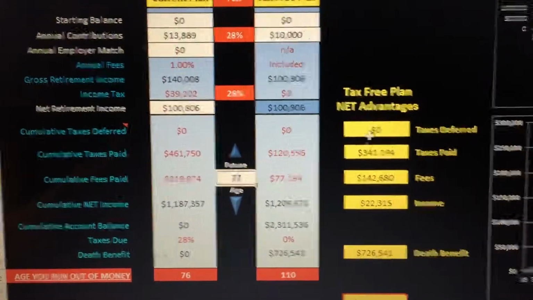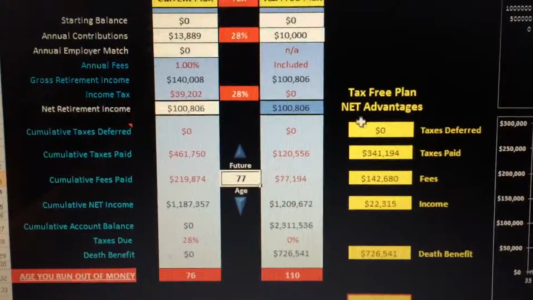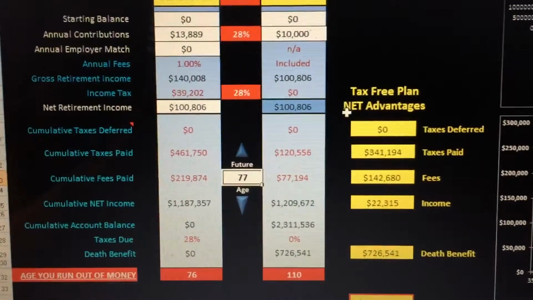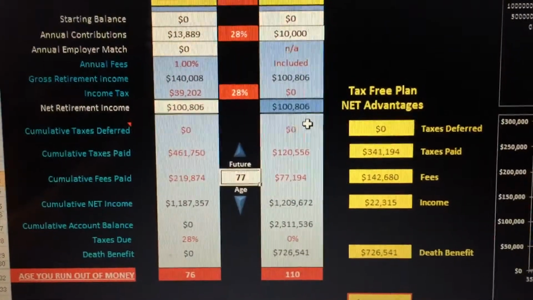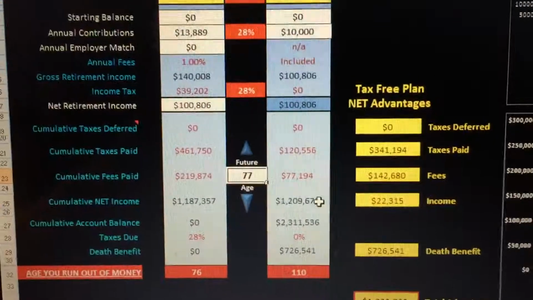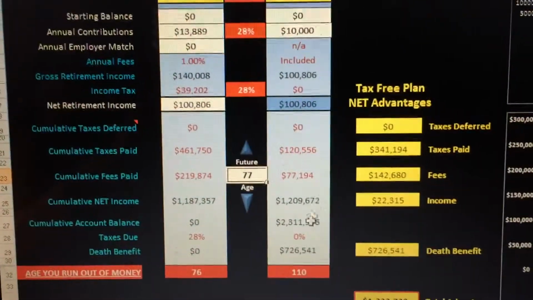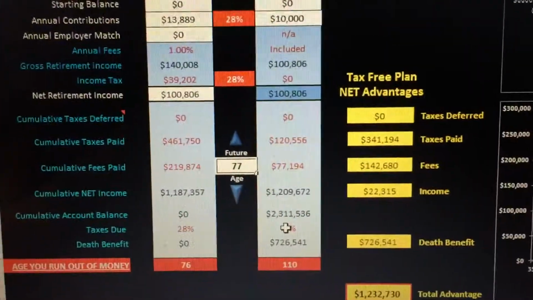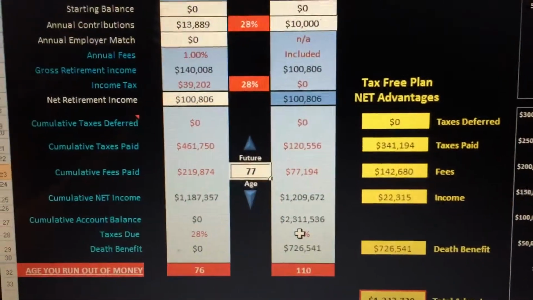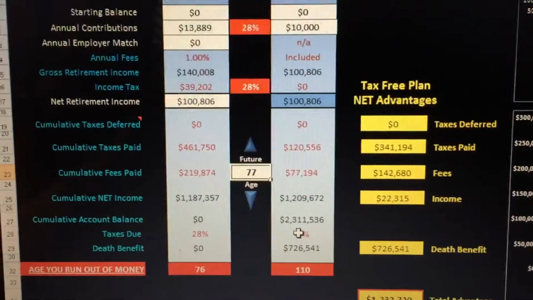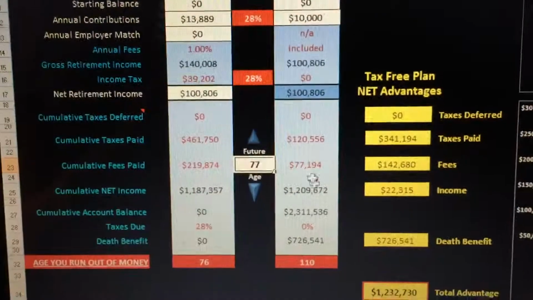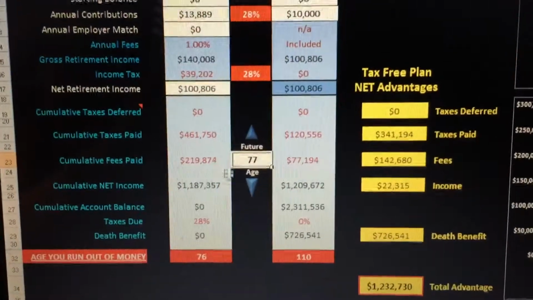With this IUL program, it mirrors the index of the S&P 500 or a similar type of index, and there is no risk associated at all. There's a floor that keeps your account policy at zero if the stock market goes below zero. So this account weathers the storm, folks.